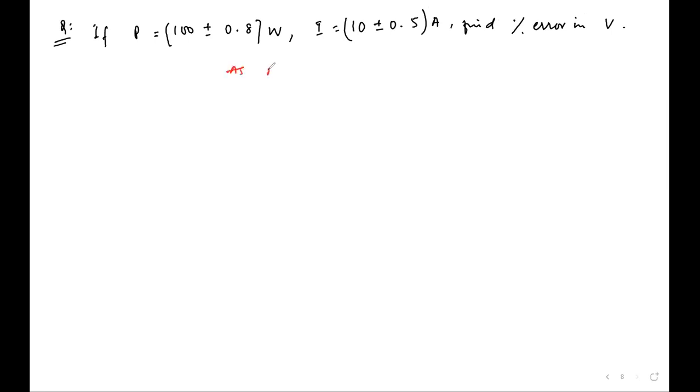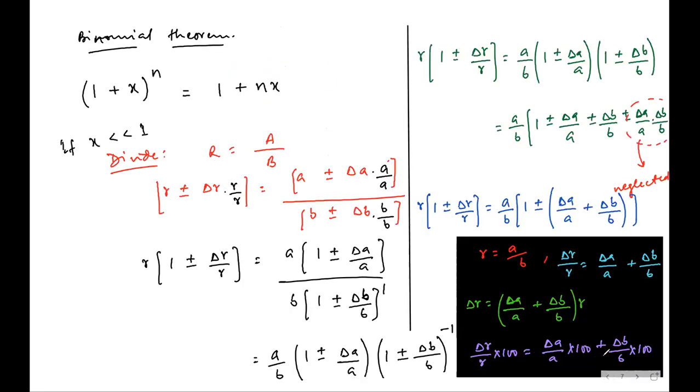As we know, power is equal to voltage into current. So if you want to calculate voltage, it will be power divided by current. Since these two terms are in division, you have to calculate percentage error. So just use this concept.